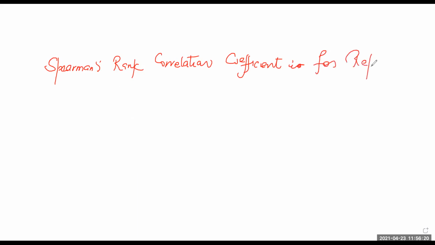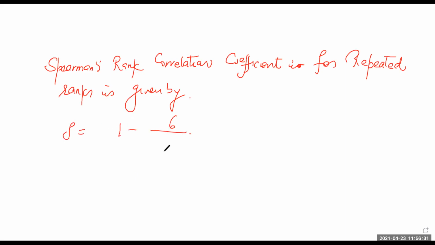Now Spearman's rank correlation coefficient for repeated ranks is given by rho is equal to 1 minus 6 into n square minus 1 summation d square plus summation m into m square. How many times you took them, that's why we have taken the summation.